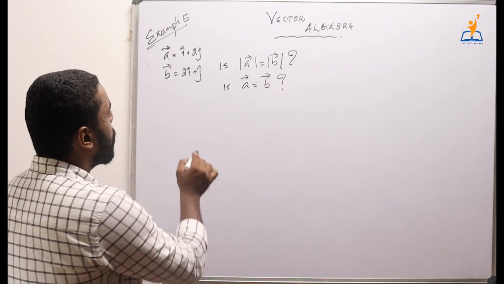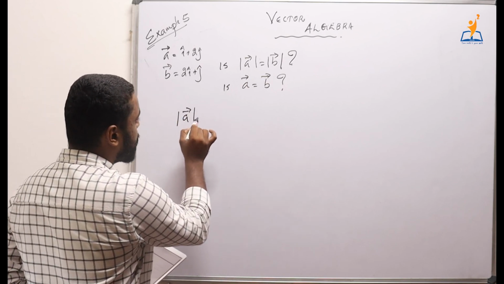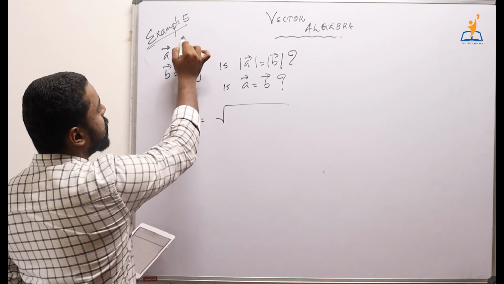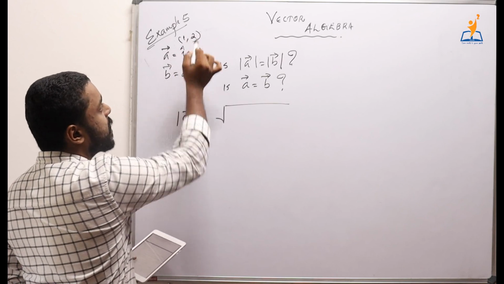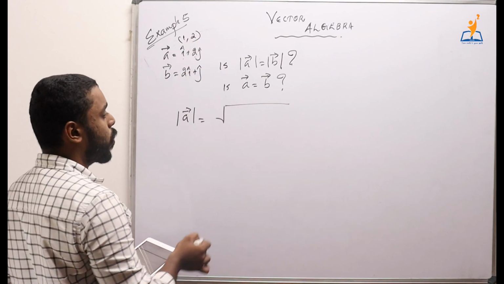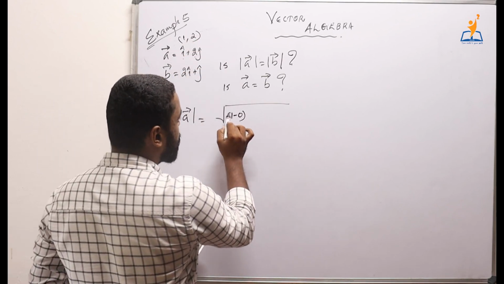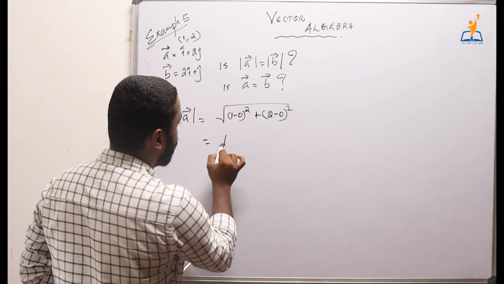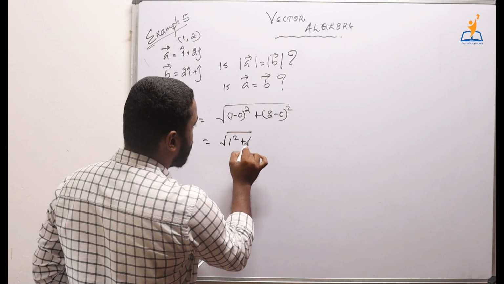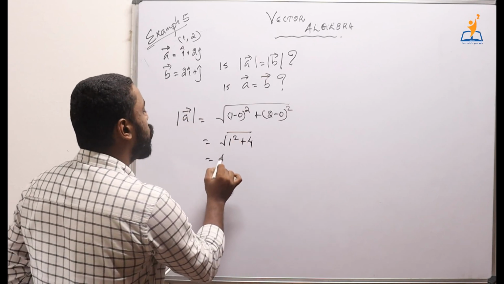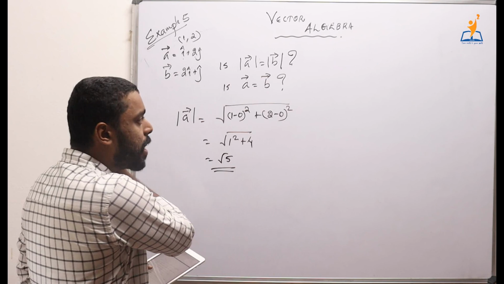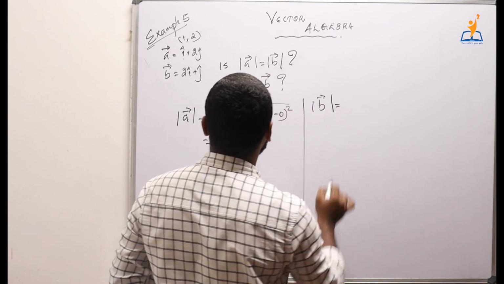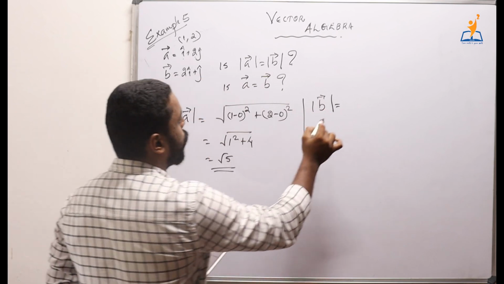We know that magnitude of a is nothing but the distance between the point 1, 2 and the origin, which is root of 1 minus 0 the whole square plus 2 minus 0 the whole square, which is equal to root of 1 square plus 4, which is equal to root 5.